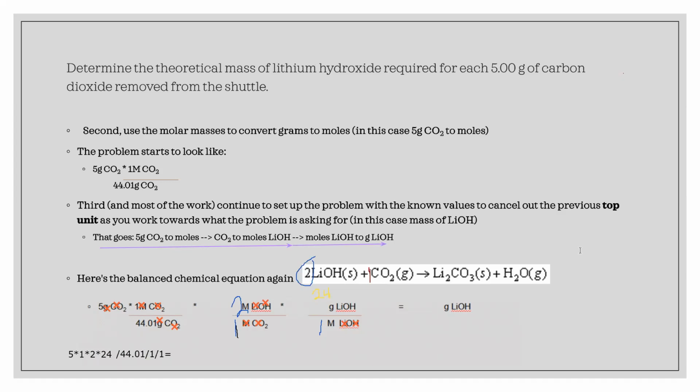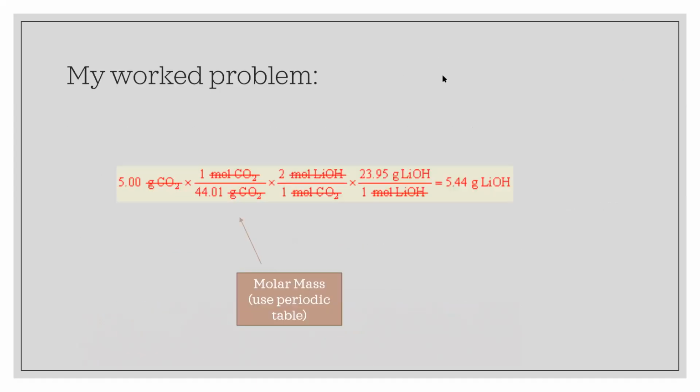Now the long sprawling version that I made look pretty for you guys to see is here. So this is me setting it up in Microsoft Word and using the equation editor to make it nice. These guys are molar masses. This is given in the problem.